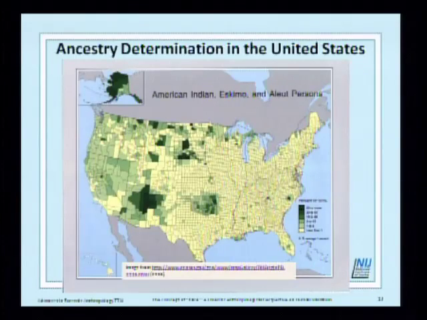Okay, so ancestry determination in the United States. This is from the 1990 U.S. Census, and this shows you the distribution of American Indian, Eskimo, and Aleut persons. And it seems like they go around picking individuals on the U.S. Census, and then they just add, I'm actually not sure who actually decides on the categories that they use. So this shows you the distribution.